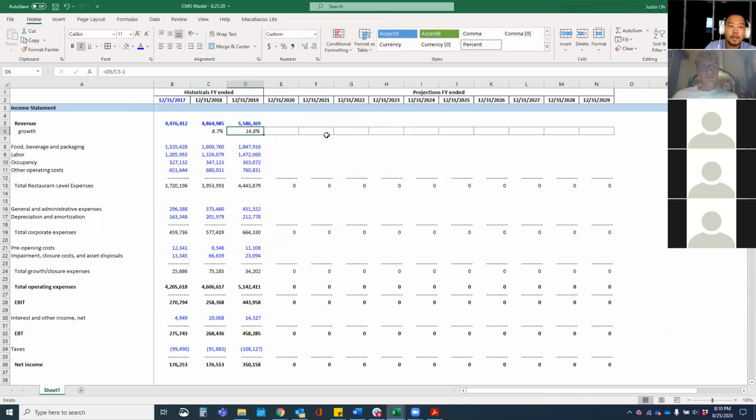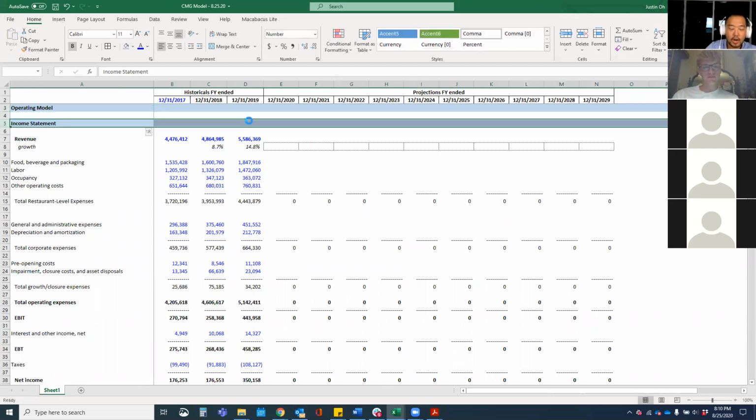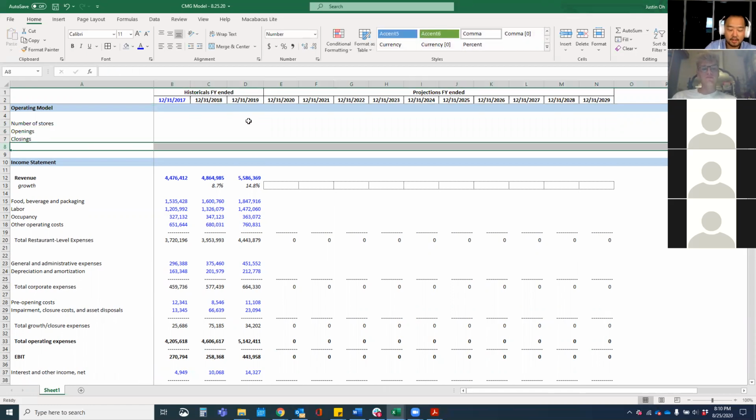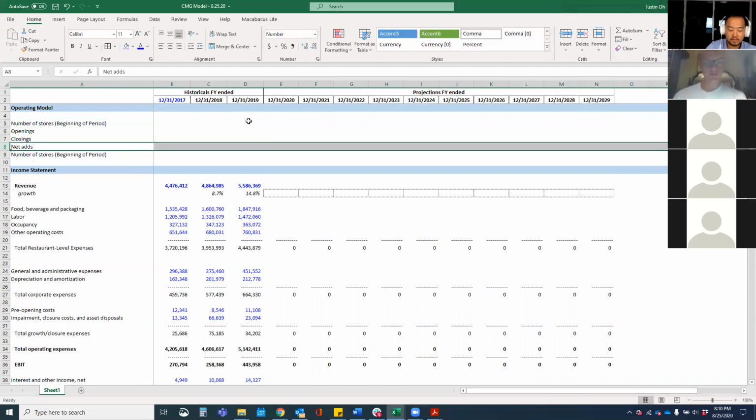Again, the end goal is actually not to drive this through just growth, because in reality we're going to have a full operating model where we track number of stores and openings, closings, and then net adds, right? So we'll have number of stores at the beginning of a period, and then number of stores at the end of the period.